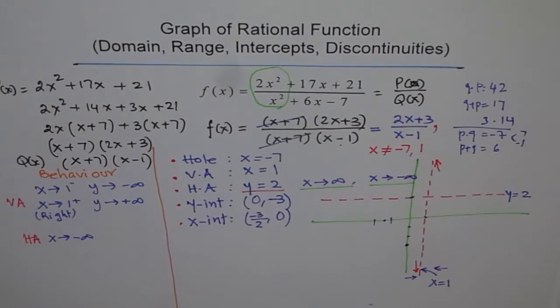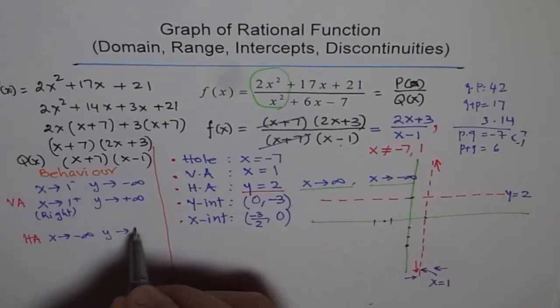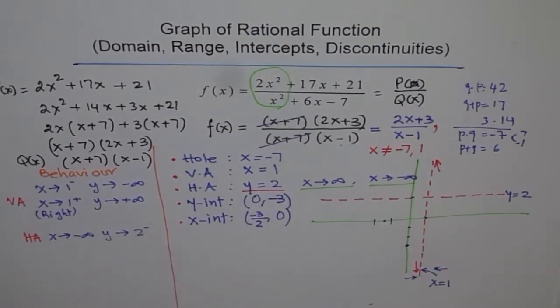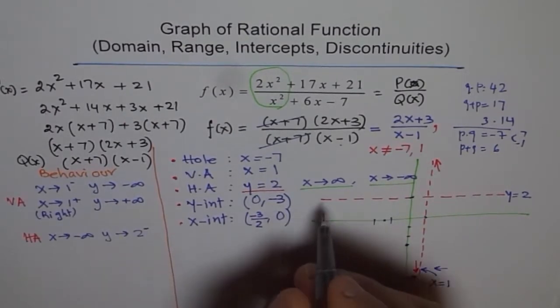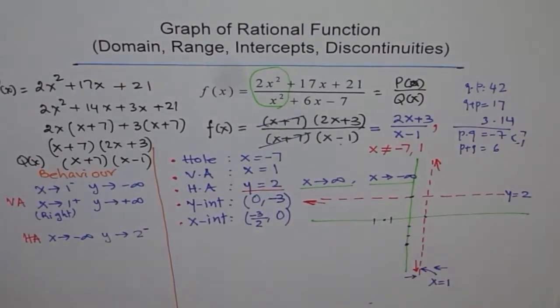We get something which is less than 2, 1.99 over something, but it is less than 2. That is critical. So we found that as we approach this, y approaches 2, but from the negative side, less than 2. So we are approaching here like this. Do you see that? That is important.